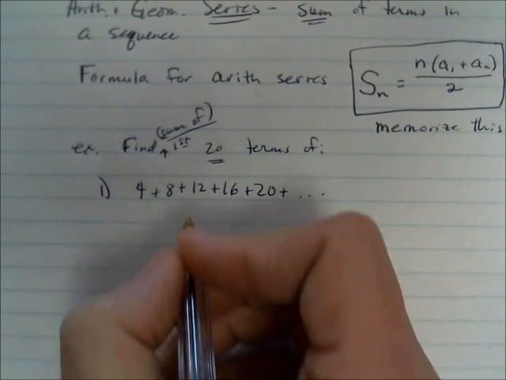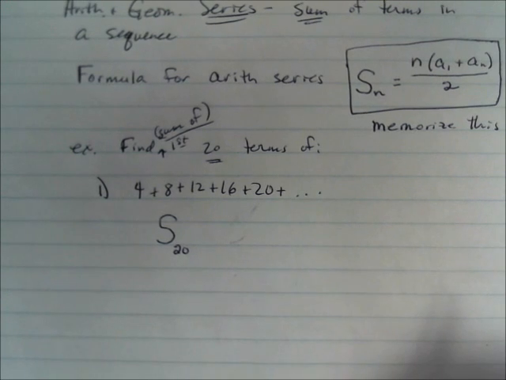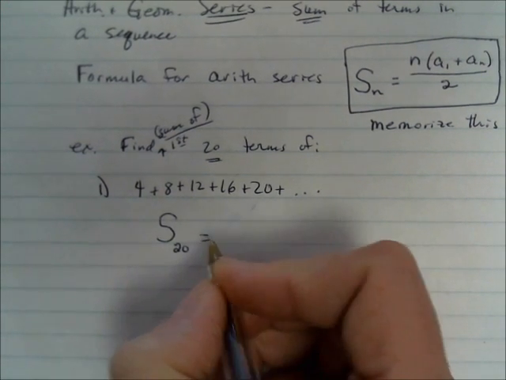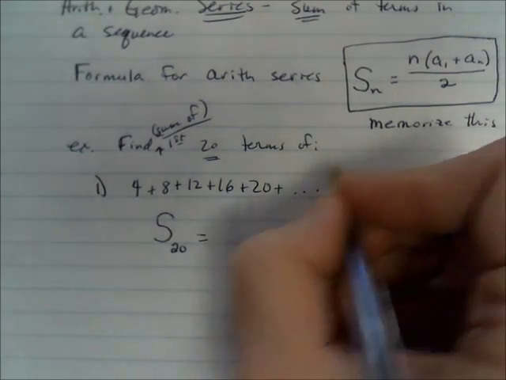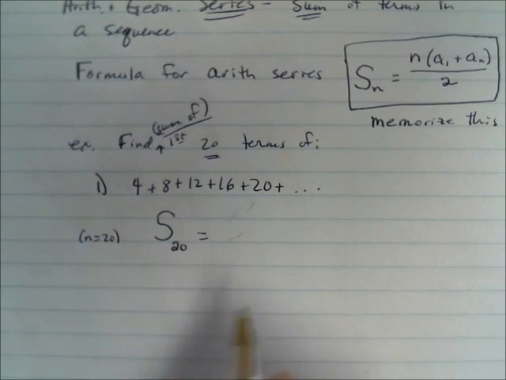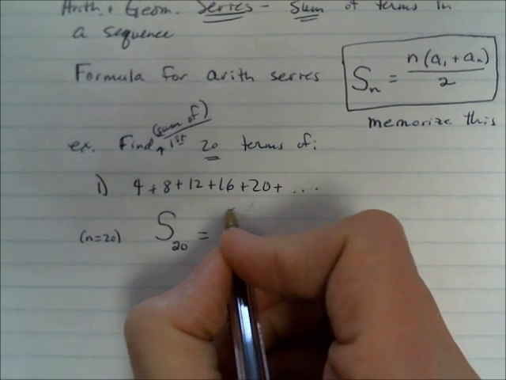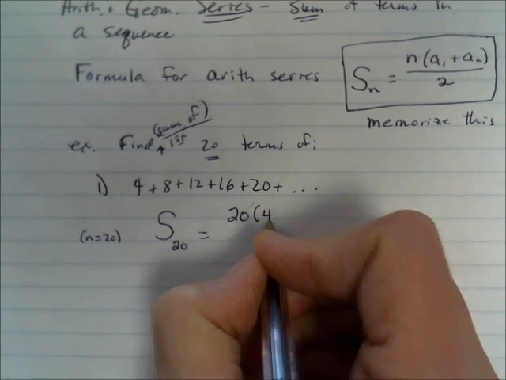So how we write this out is we're going to find the sum of the first 20 terms. That is equal to, this n value is 20. I'll write that off to the side, n equals 20. So we have 20 times the first term. The first term was 4.